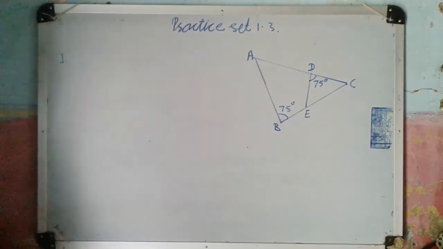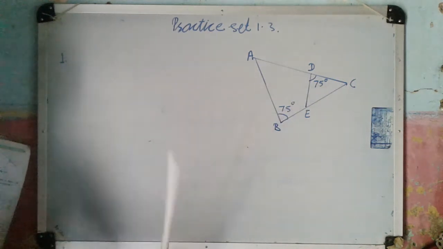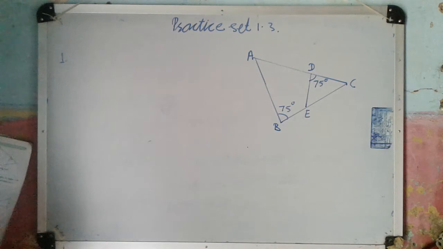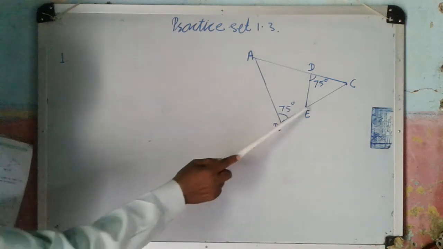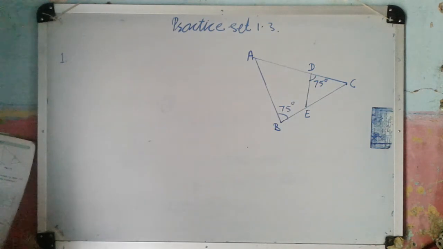Now here a figure is given. I will read the question. Question number 1, practice set 1.3. In the figure, angle ABC is equal to 75 degrees, angle EDC is equal to 75 degrees.